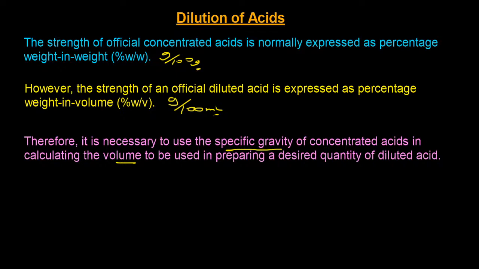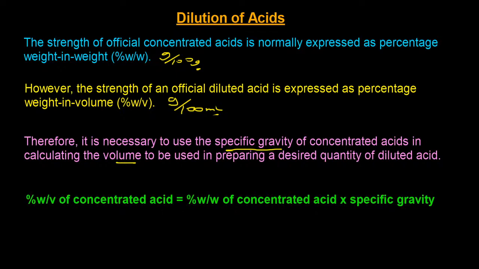And the way you capture that mathematically is basically to use this equation. Here, what we are saying is you can convert percentage weight in weight to weight in volume, and you use this simple relationship.